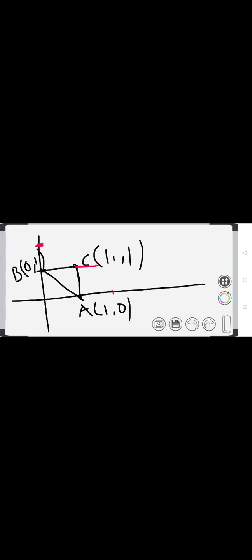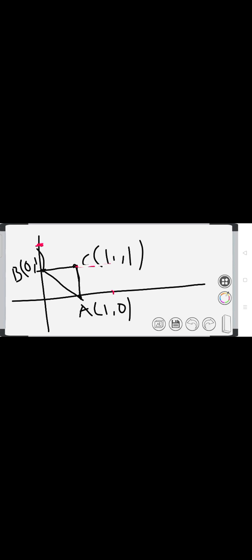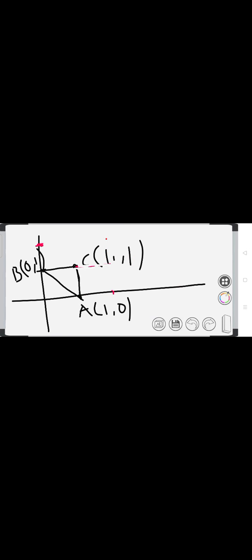It means that you will get a new matrix, and you will reach point 2 comma 2 when you translate in this way.